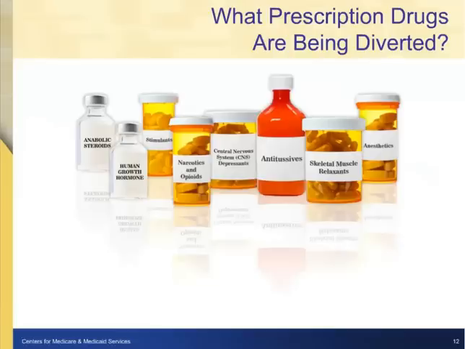The most commonly abused prescription drugs, as identified by the National Institutes of Health, are central nervous system, CNS depressants, opioids, and stimulants. The CNS depressants include pentobarbital, methylbarbital, benzodiazepines, and hypnotics. These medications produce a drowsy or calming effect, but can be dangerous when mixed with alcohol or other medications.